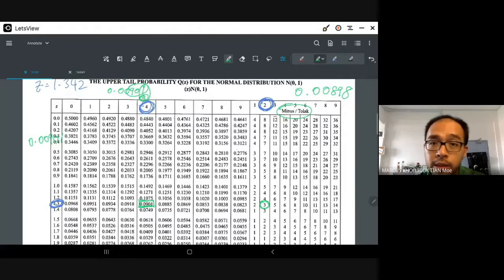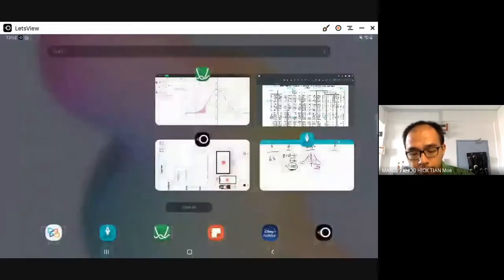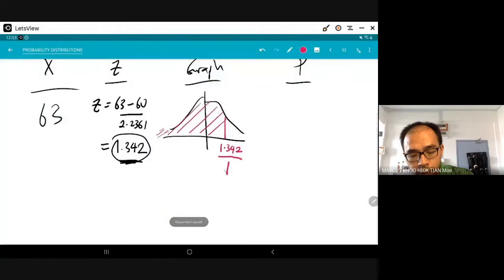Leave the decimals alone. 0.00901 minus 3 is still the same lah. 0.00898. Okay. So, from the table, 1.342 is 0.00898.